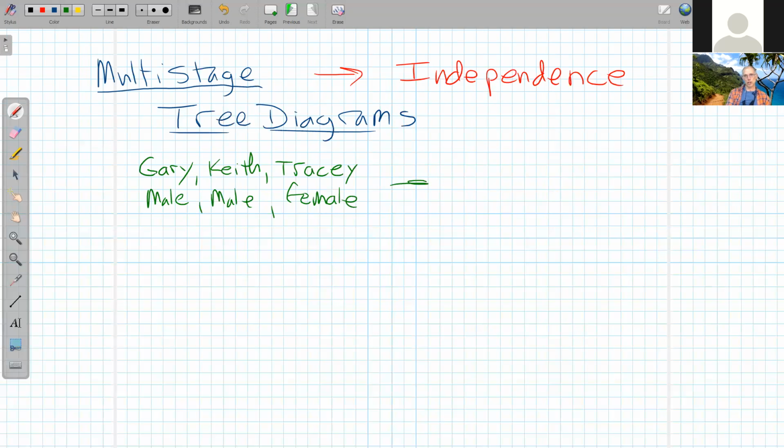So in this family right here, there are 2 boys out of 3 total. So what I'm wondering is, what is the probability of having 2 boys out of 3 children?